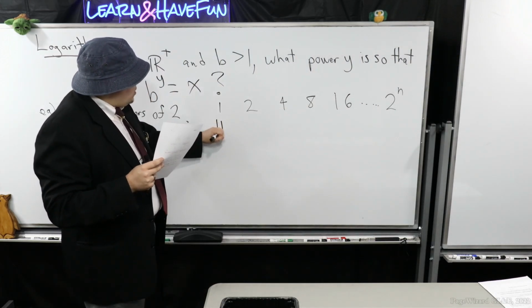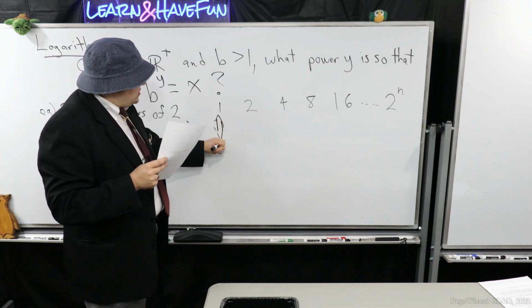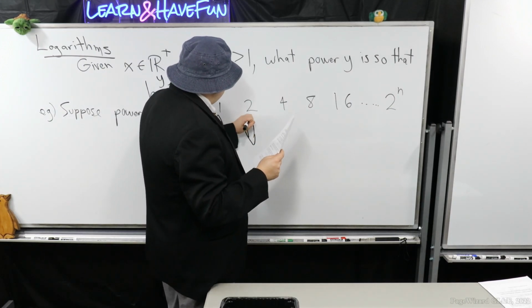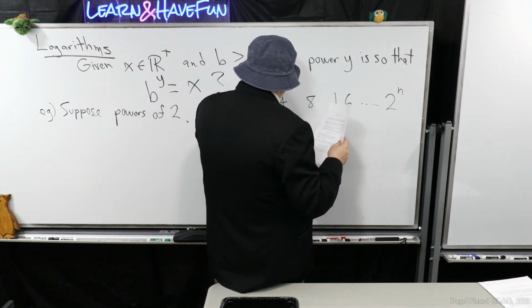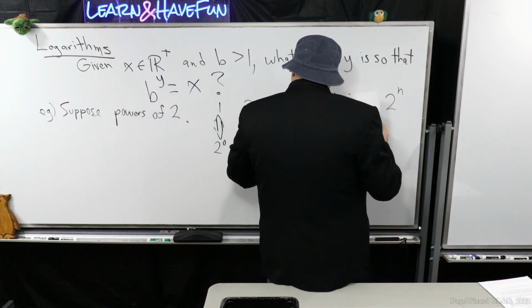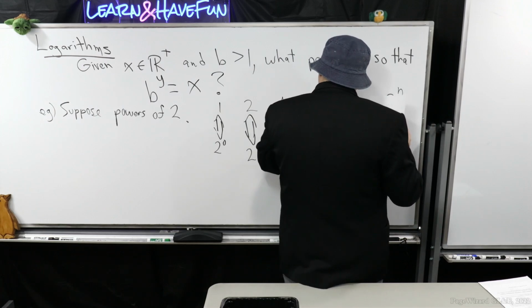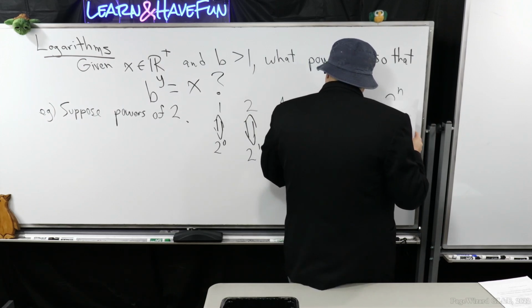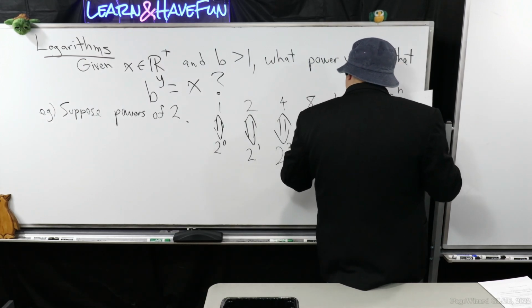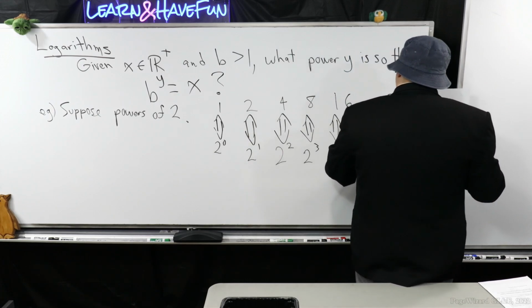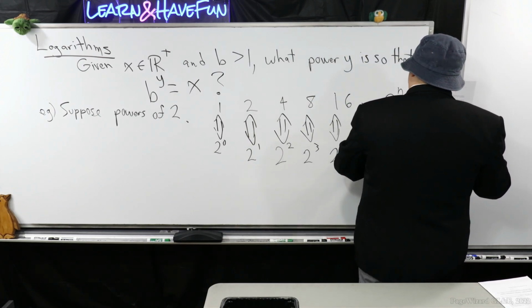I could rewrite this as 2 to the power of 0, and 2 as 2 to the power of 1. 4 is 2 squared, 8 is 2 cubed, and of course 16 is 2 to the power of 4. And naturally, 2 to the power of n is just 2 to the power of n.